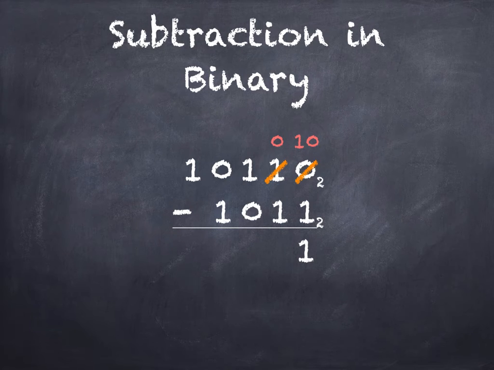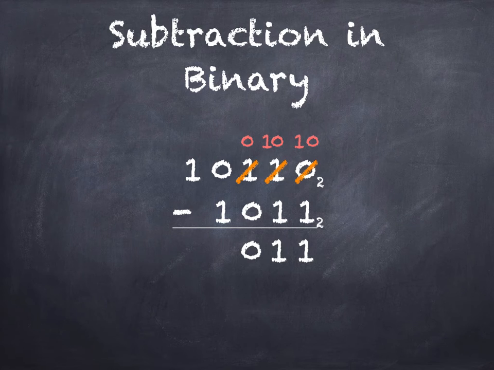For the next column, the second column, we have 0 there. We're going to be subtracting 1 from that. So again, it needs to borrow from 1 again. That 1 becomes now 0, and the 0 in the second column now becomes a what? A 10, or 2. Now 10 minus 1, or 2 minus 1, is 1. Now for the third column, you have 0 minus 0, so that's just going to give you a 0.